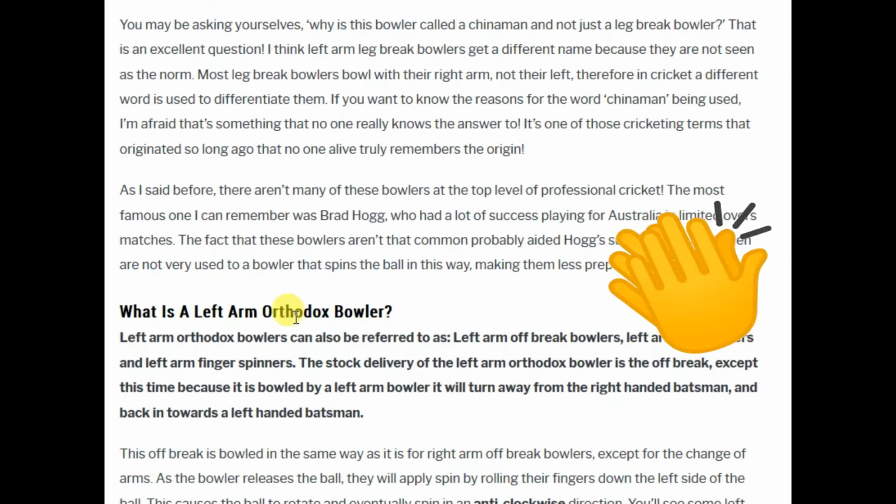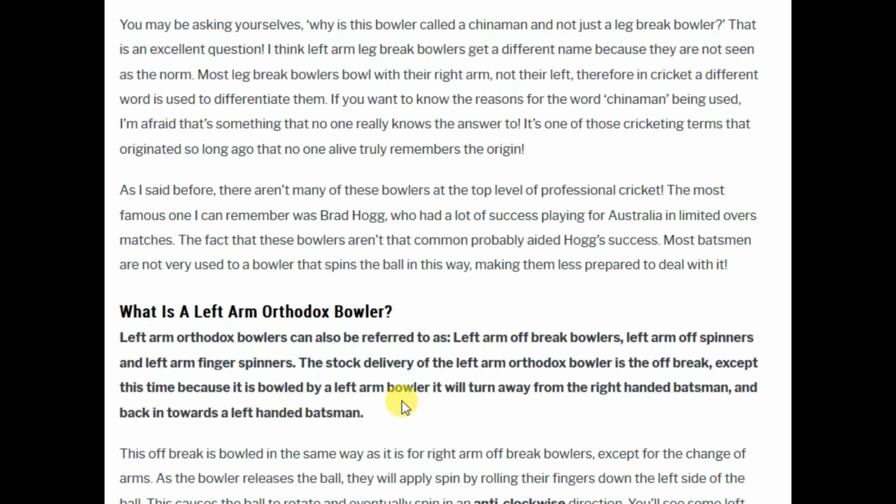What are left-arm orthodox bowlers? A left-arm orthodox bowler can also be referred to as a left-arm off break bowler, left-arm off spinner or left-arm finger spinner. The stock delivery of the left-arm orthodox bowler is the off break, except this time, because it is bowled by the left-hand bowler, it is turned away from the right-hander.